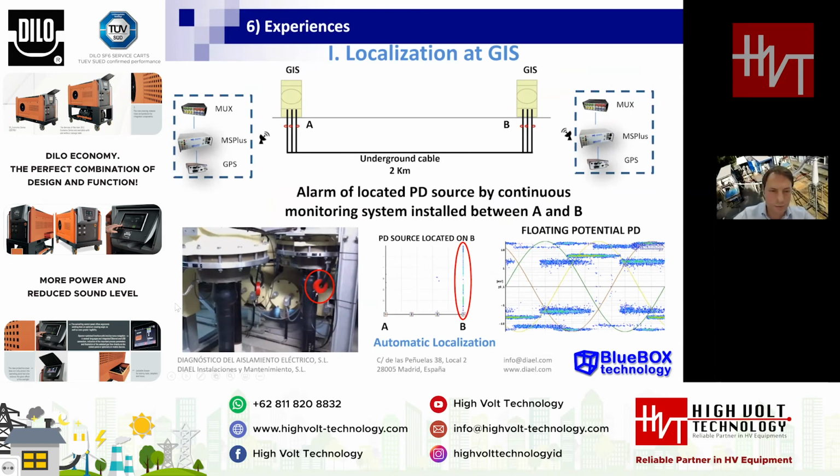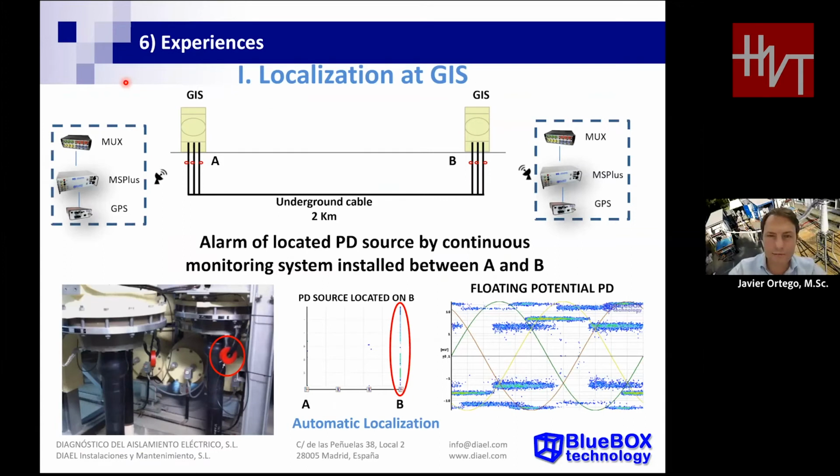Now we will see 3 experiences. The first experience is for a continuous monitoring in a GIS. We have substation A and substation B, 2 continuous monitoring systems synchronized by GPS, connected with 2 kilometers of cable.